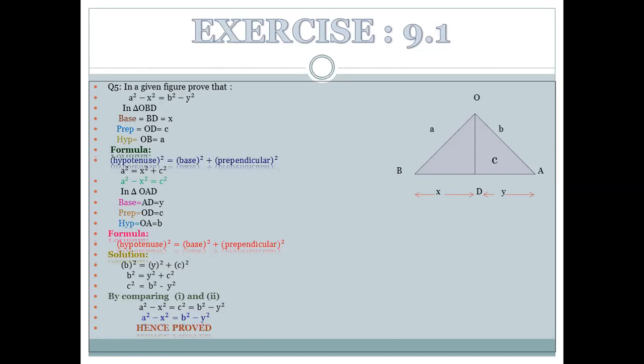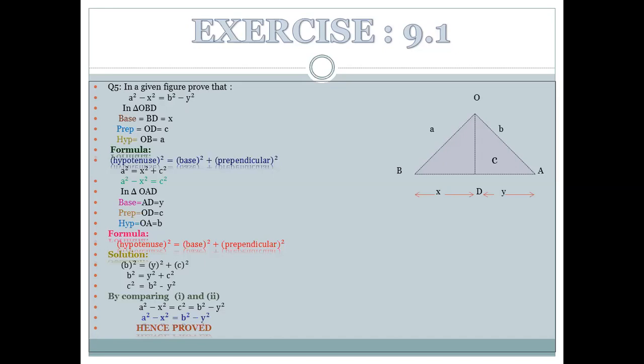So again, as I told you, C is common in both the triangles. So we calculate the value of C. In this also we find the value of C square, which is B square minus Y square. Now we have two equations in the form of C square. The first one is C square is equal to A square minus X square, and the other one is B square minus Y square.